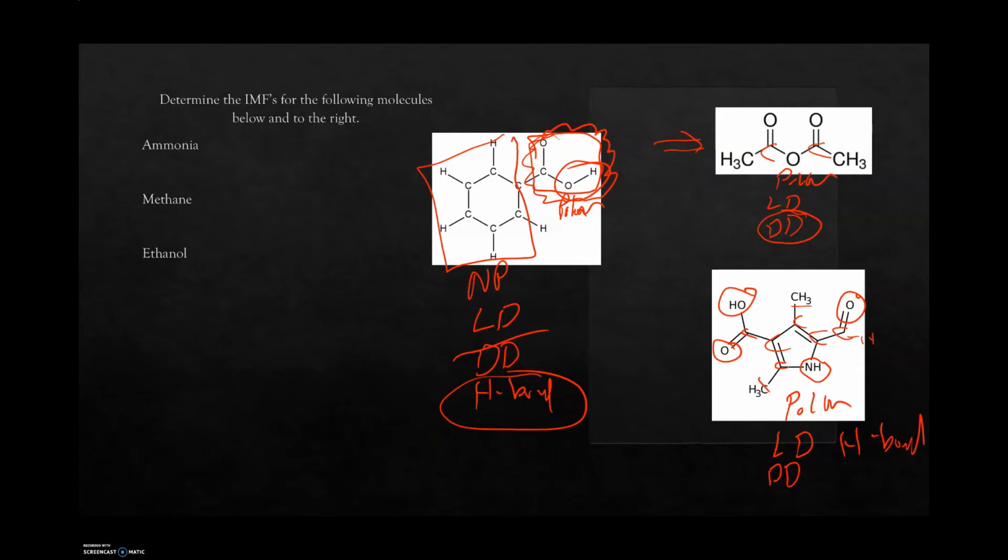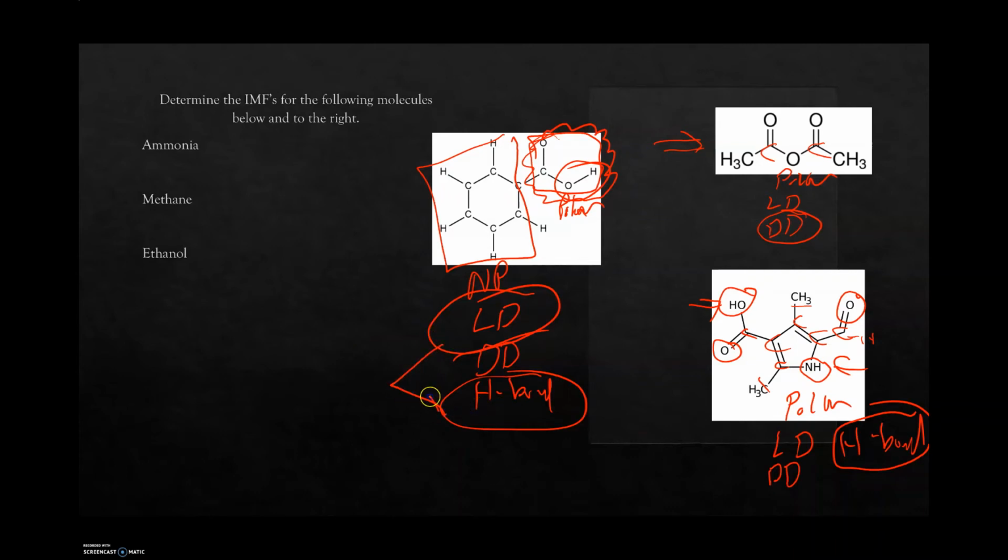Now, of these three, there's hydrogen bonding here, there's hydrogen bonding here. That makes this one a lot easier. So hydrogen bond is your dominant force here. If we go back over here and look at the first one we did, we were trying to figure out whether it's London dispersion or hydrogen bonding. It could go 50-50. In fact, I would say that London dispersion would be this, and I circled hydrogen bond to begin with.